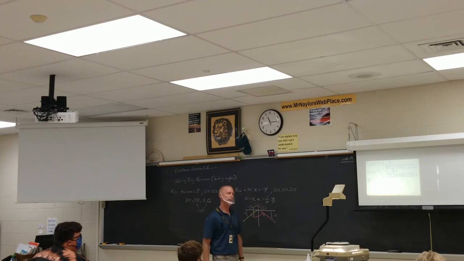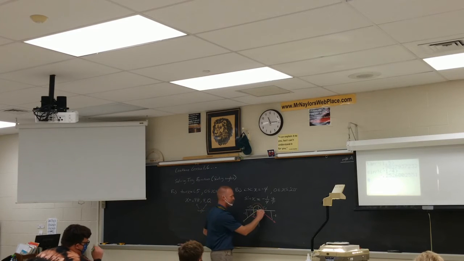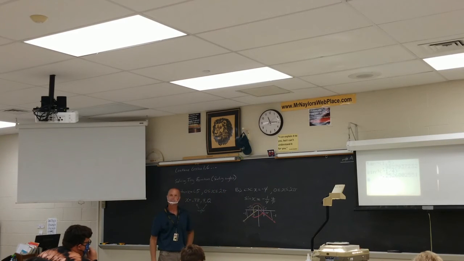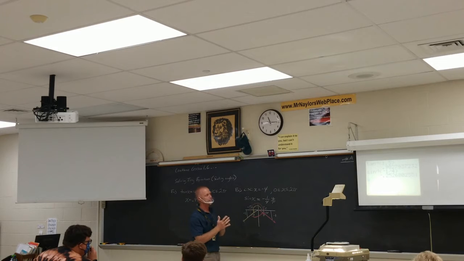Now, negative 0.25 is actually referring to this angle, this sort of rotation from the x-axis, because rotations are always given as principal values. That's kind of fancy talk for they're always given as the close one.